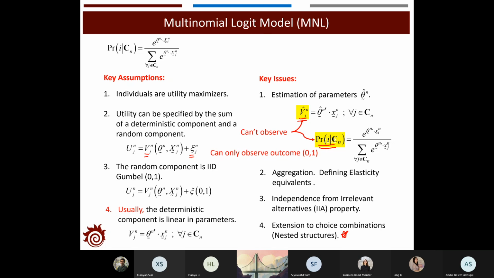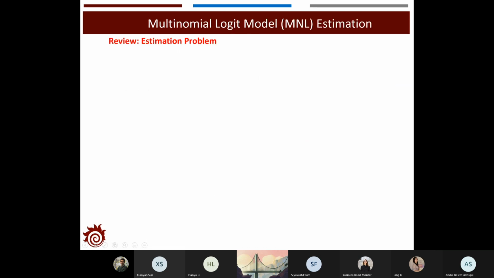Just try to have an idea about how the model is used and how you are going to calculate the probabilities if you are provided with a calibrated model. So let's first go to the first issue, the calibration of the model.